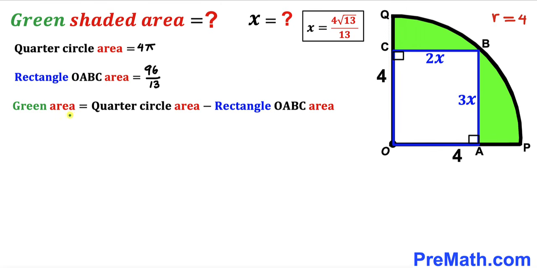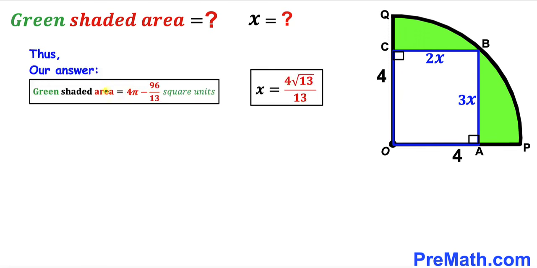And here's our final step. Let's recall once again this equation. We are going to calculate the area of this green shaded region, and we already figured out the area of the quarter circle as 4 pi, and the area of this rectangle OABC as 96 divided by 13. So let's fill in the blanks in this equation. We got the quarter circle area as 4 pi minus 96 divided by 13.